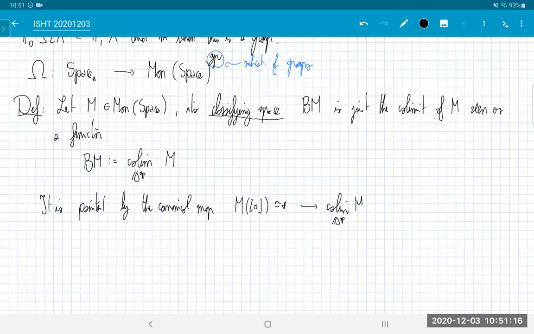Every value of M has a canonical map into the colimit. So this gives us a canonical base point.